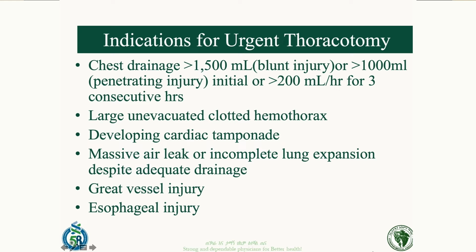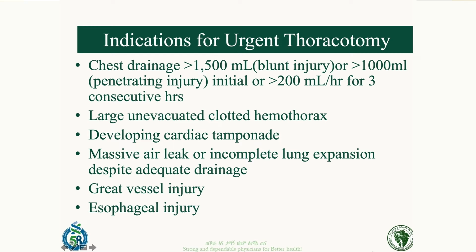The other indication is large unevacuated clotted hemothorax. If the patient is not having improvement in the symptoms, and if still the patient has radiologically settled caked hemothorax, this is an indication for thoracotomy.